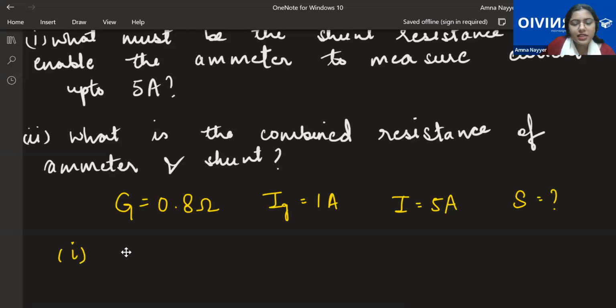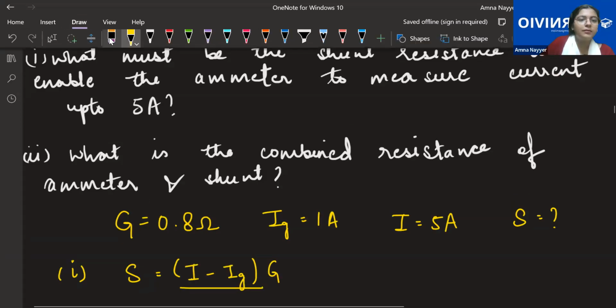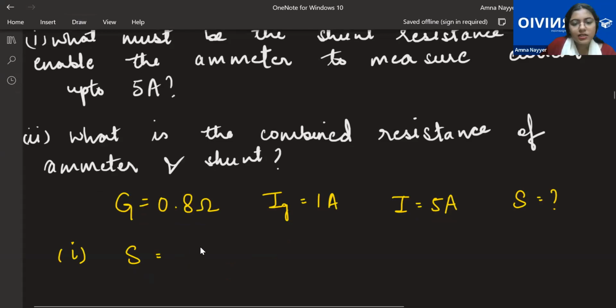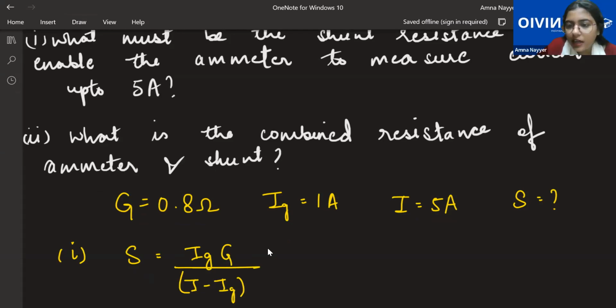One formula we studied: S is equal to Ig into G divided by I minus Ig. This is the formula, class.